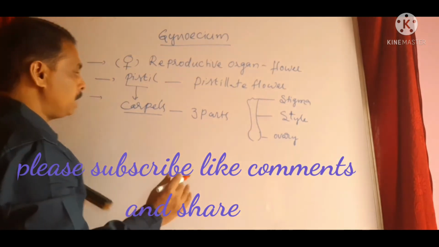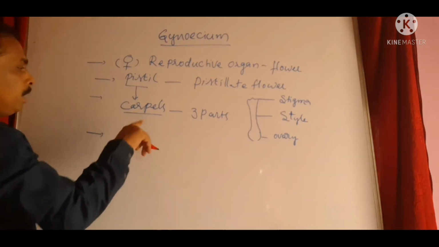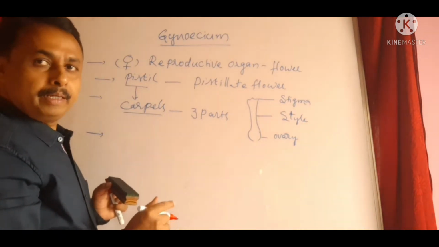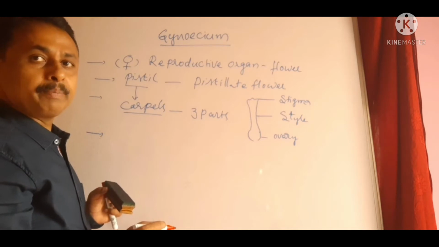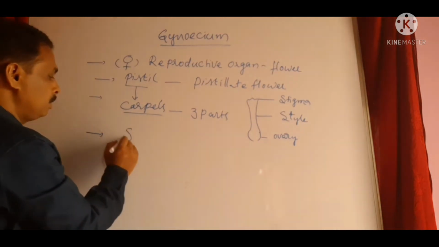If carpels are united in a flower, it will be called a syncarpous gynoecium.